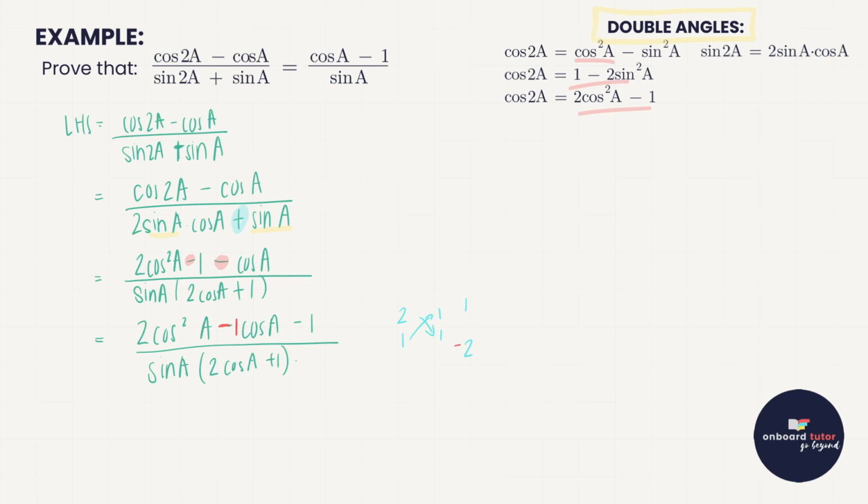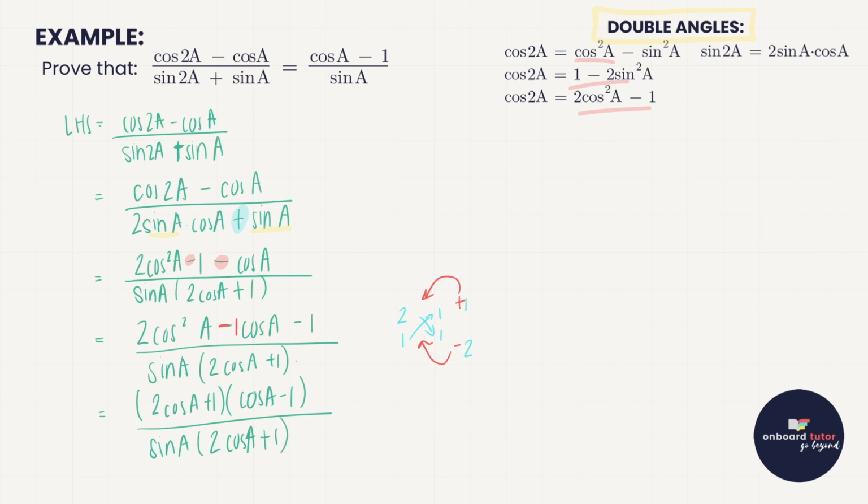So I'll need to have a minus and a plus, and that actually tells me what the signs in my 2 brackets will be. So now this is beautifully factorized as 2 cos a plus 1 multiplied by cos a minus 1 over sine a times 2 cos a plus 1.